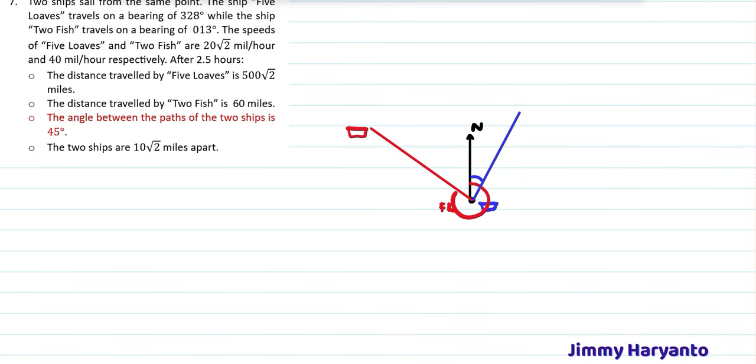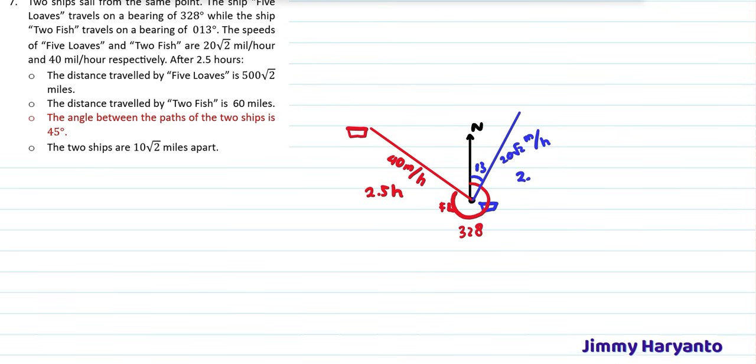Okay, the first one is 40 miles per hour, and the second one is 20 square root of 2 miles per hour. Okay, this one is 13 and this one is 328. And then we have the time also. The time is 2.5 hours. This one also 2.5 hours.